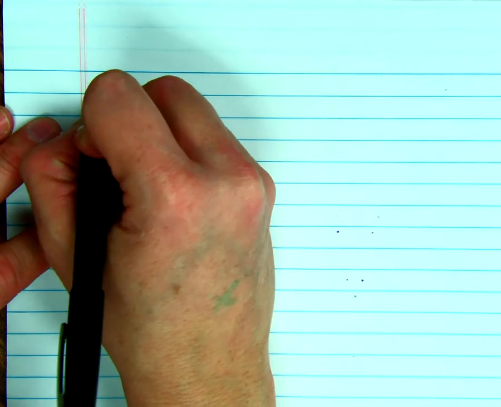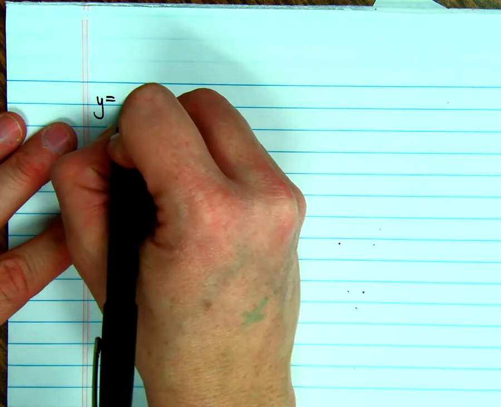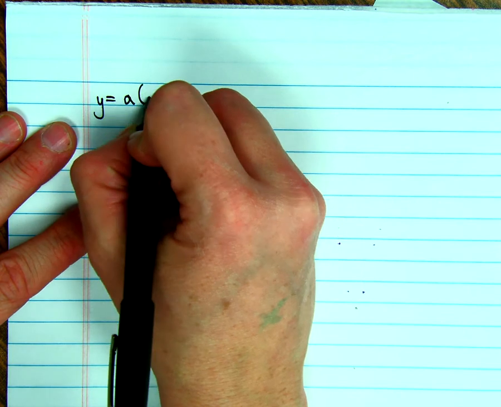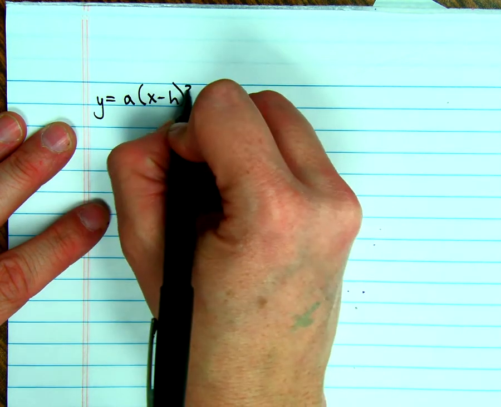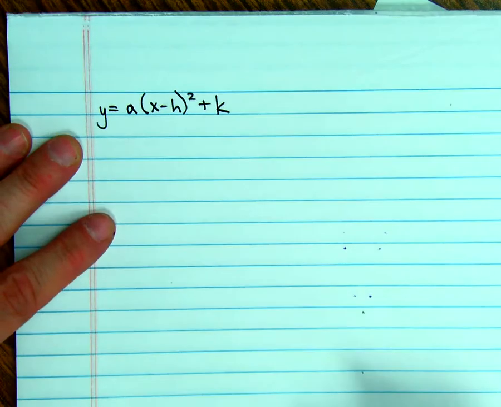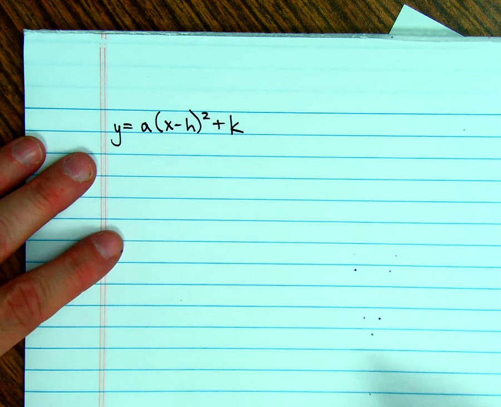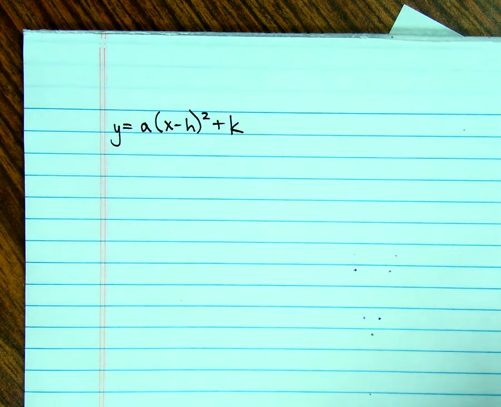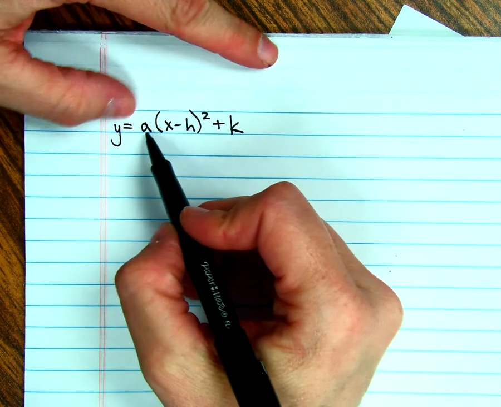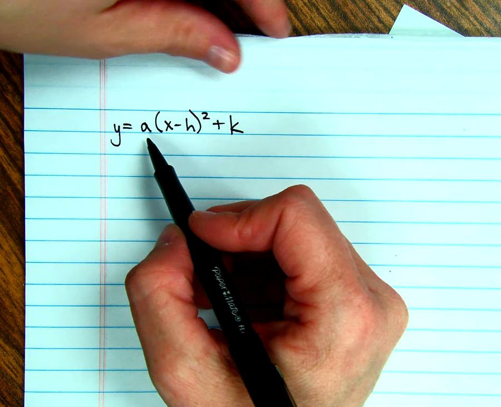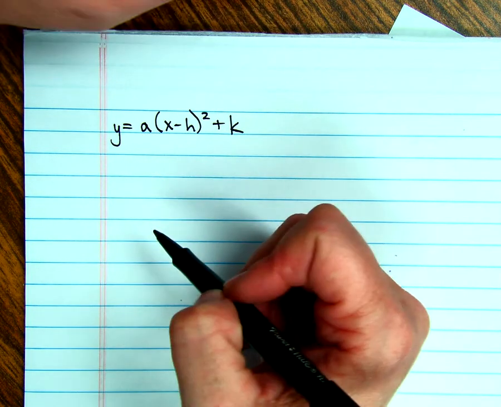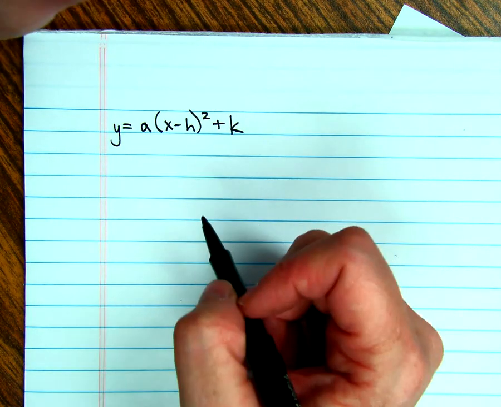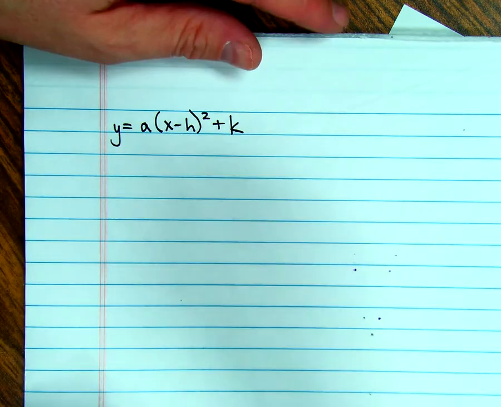Okay, so we are going to start talking about vertex form. So y equals a times the quantity of x minus h squared plus k. There's several things that are going to happen here. You will start to notice that a is going to be things other than 1 and negative 1. So you're going to see what happens in relation to the parent function that we talked about in part 1.